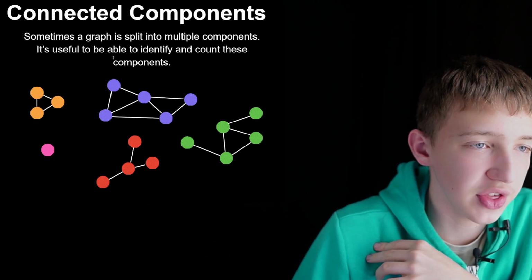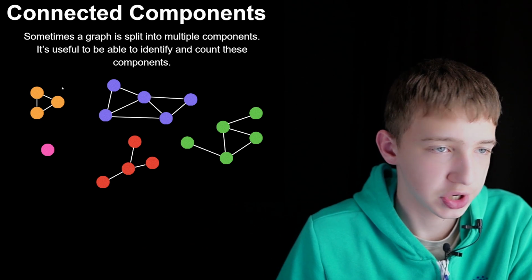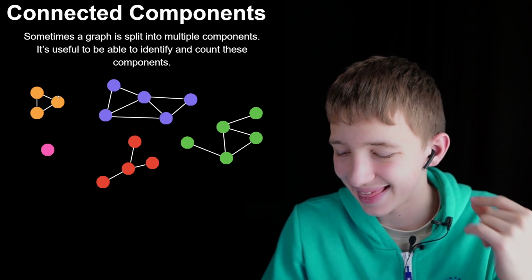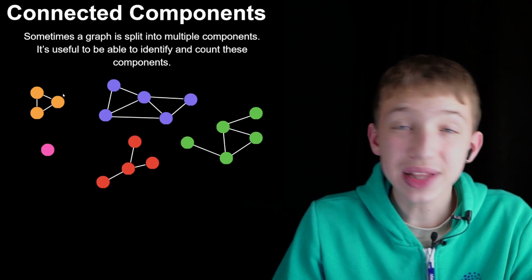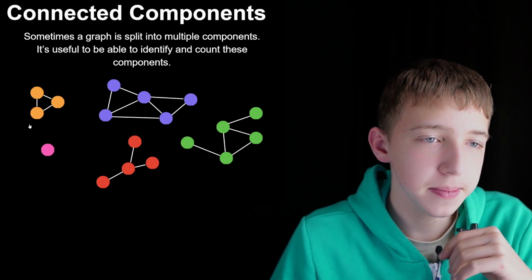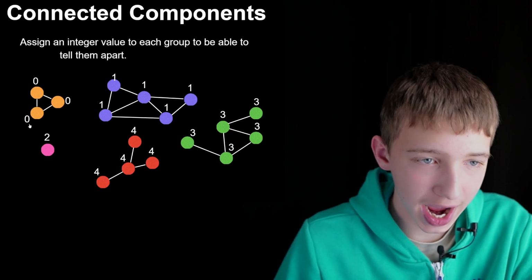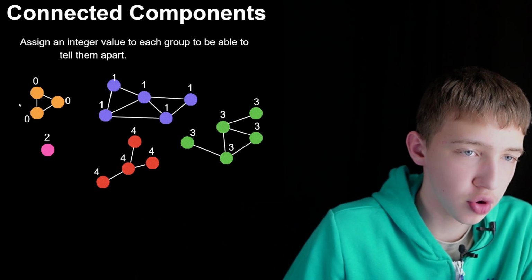One way to identify these might be to color them, to tell them apart. But what does coloring nodes really mean to a computer? That means that each color has its own ID. We're assigning an integer value to each group.